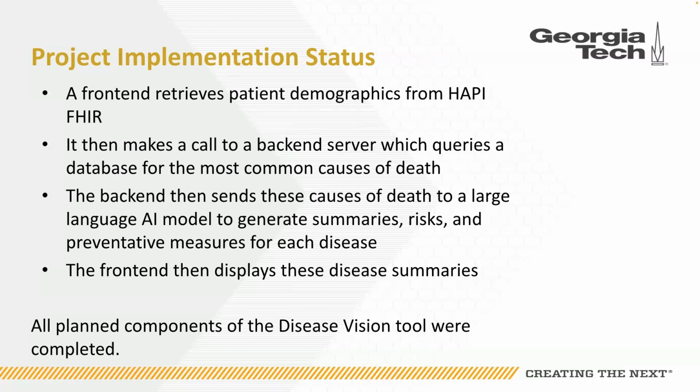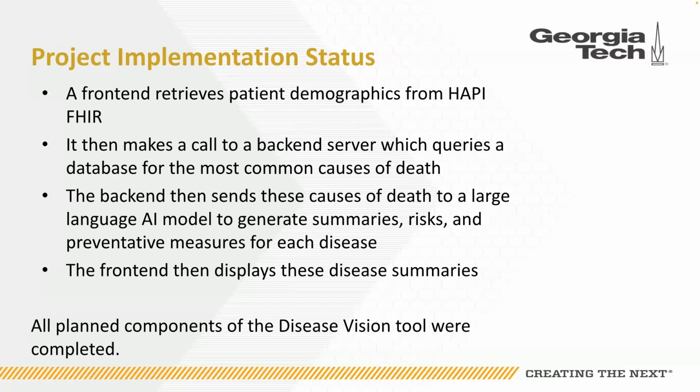And then for the 5 most common causes of death, we will send those diseases to a generative AI model, which will then generate a summary of that disease, which will include a description of the disease, some of the risk factors of that disease, and also what preventative measures a person can take to help mitigate or prevent the disease.